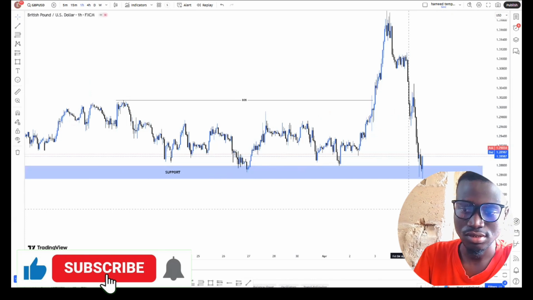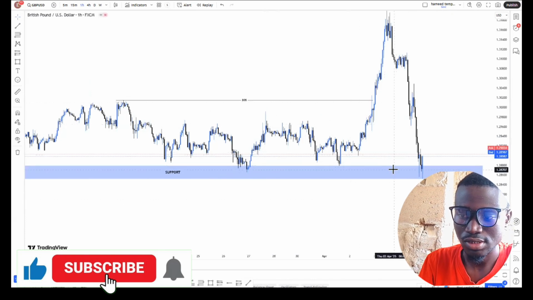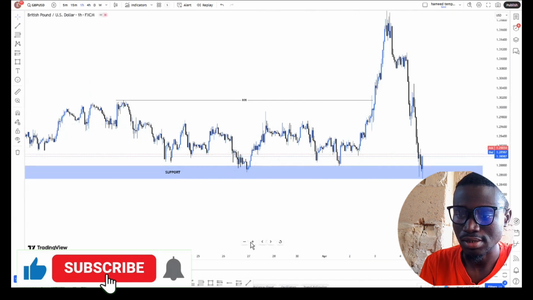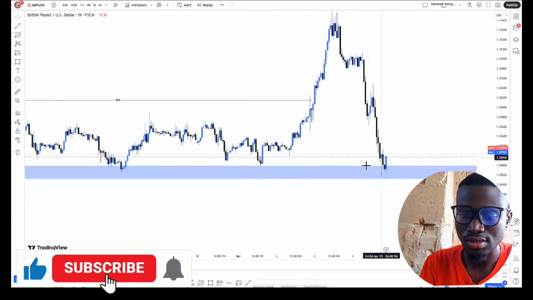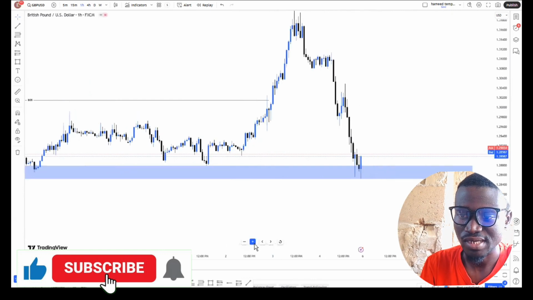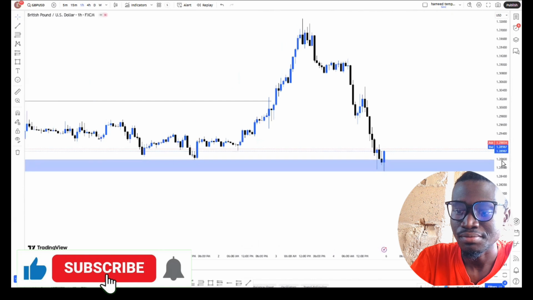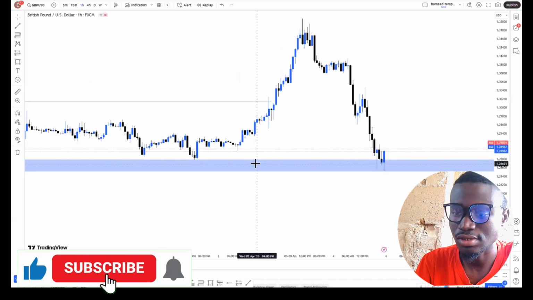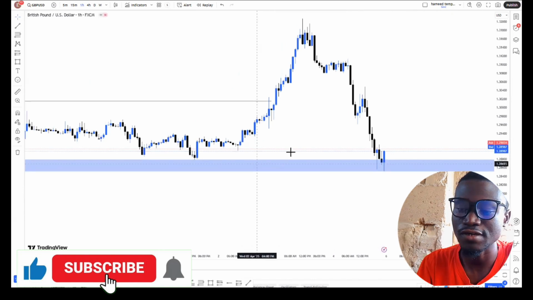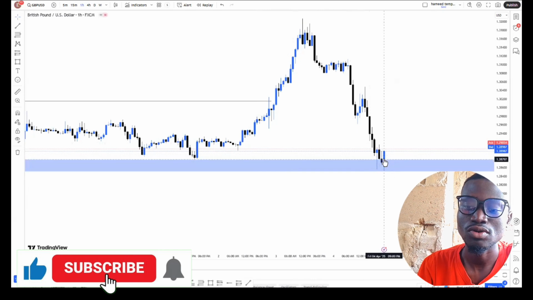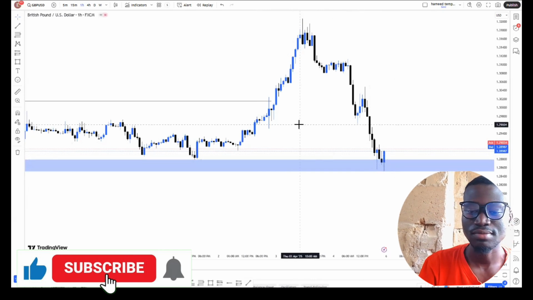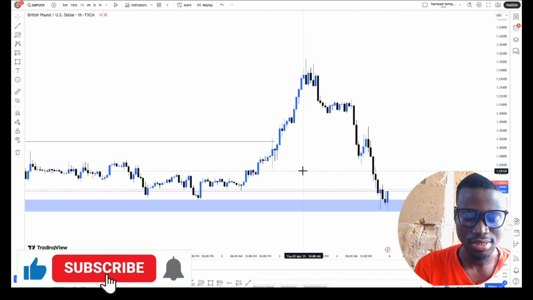We have this support zone here on 1 hour, which is also backing the 4-hour movement. Since we have this bullish engulfing candle, it's giving us more clarity that the market might continue the buying.